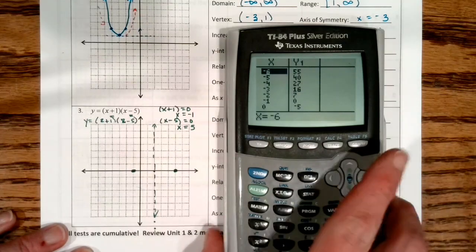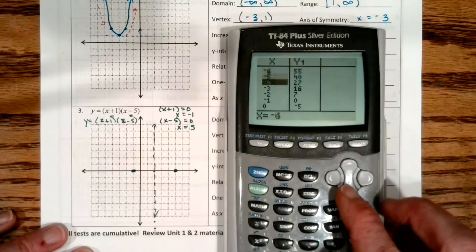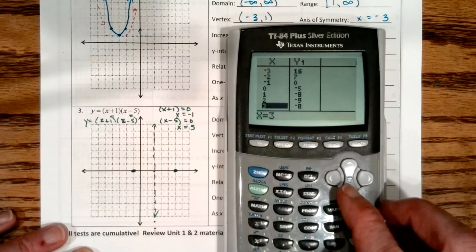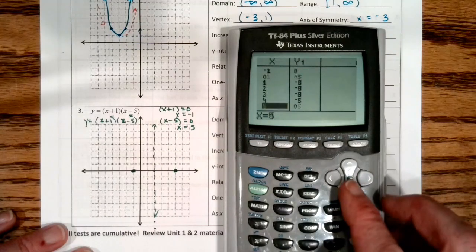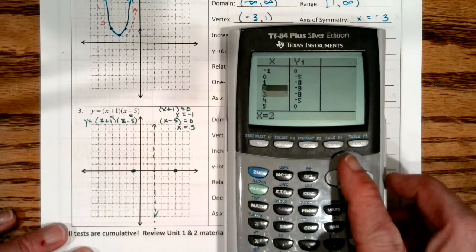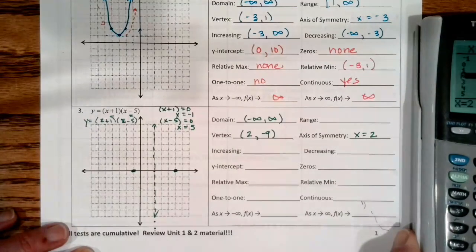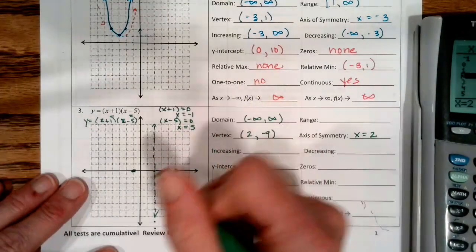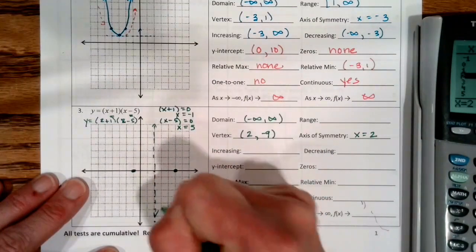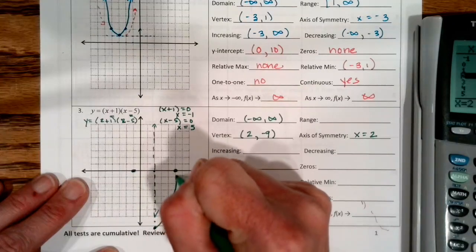I said my vertex happened at 2, so that should be the middle of my graph. And there I have an output of -9. This lets me see my range. So I'll draw my graph.